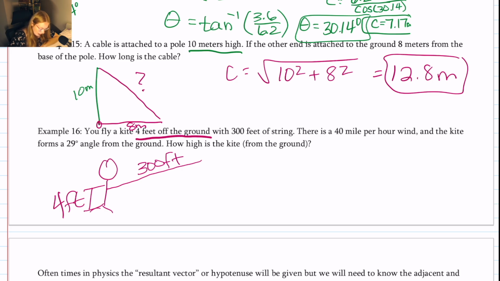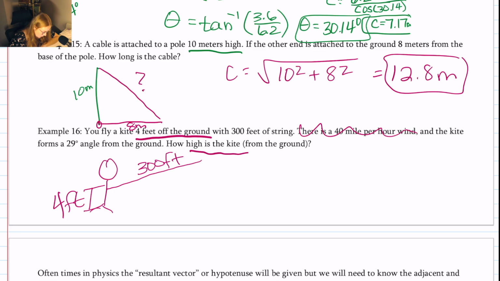And it asks how high is the kite from the ground. So the 40-mile-per-hour wind really is not going to affect the problem and is just bonus information. So let's go ahead and cross it out. Do be careful of that because sometimes physics problems do give extra information. So you kind of have to know when to ignore things.